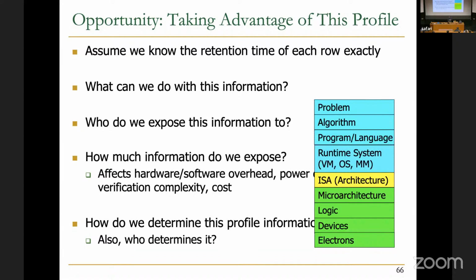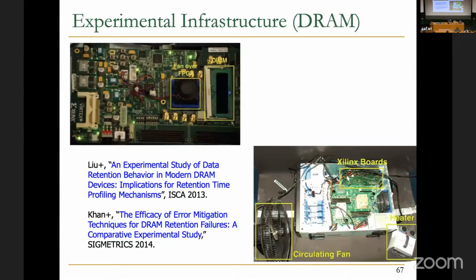Also, who determines it? Just think about all layers of the stack. We are observing something at the device level, and then we need to touch the design of other layers here.